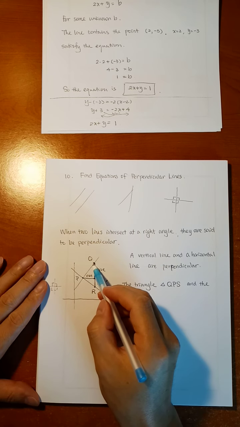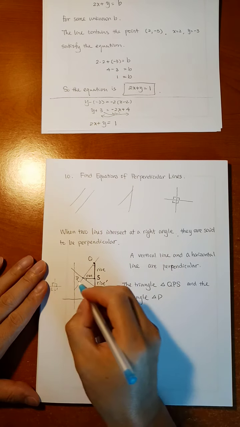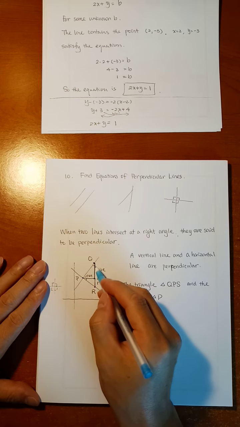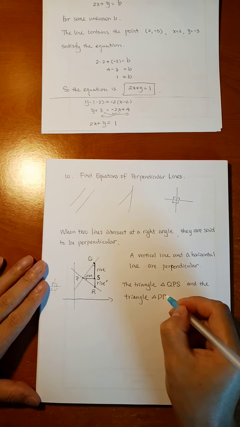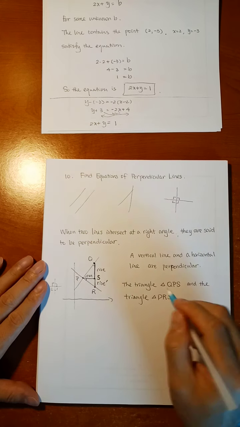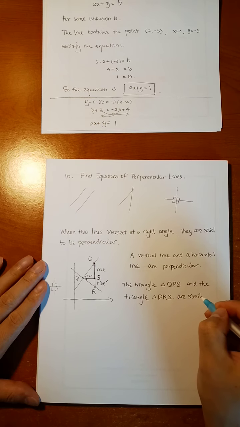Q is the sharp point. This angle is smaller, so it corresponds to P in this smaller triangle. This P is a bigger angle inside this right angle, so it corresponds to R. S is a right angle. These two triangles are similar.